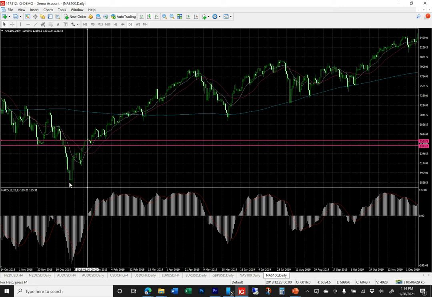But then we broke and continued down. Like I said, first indication, price is headed up, losing momentum, and it's within this line. This cross happened here. The flip to the upside for the MACD happened here. It happened within 2 days.